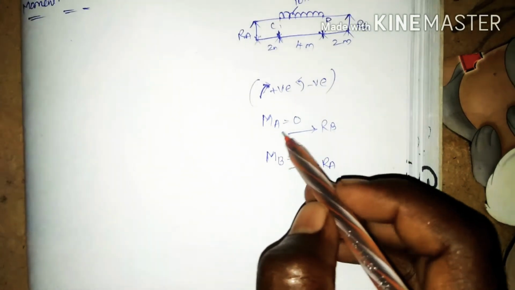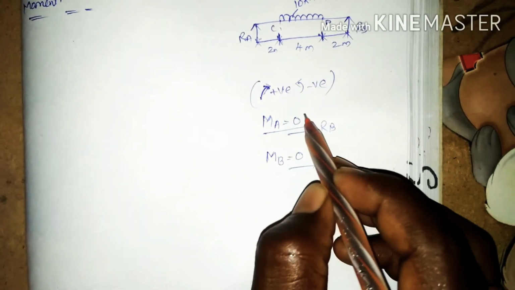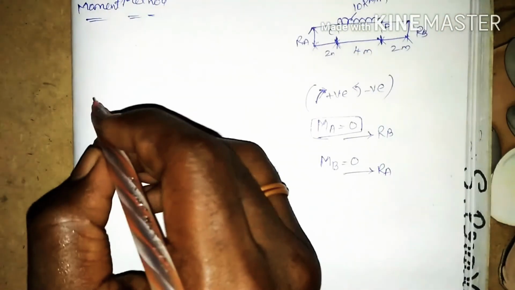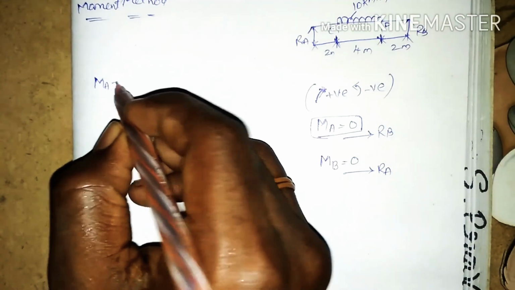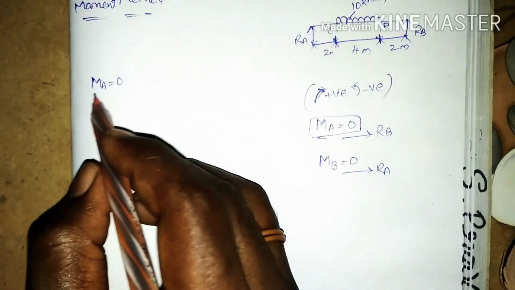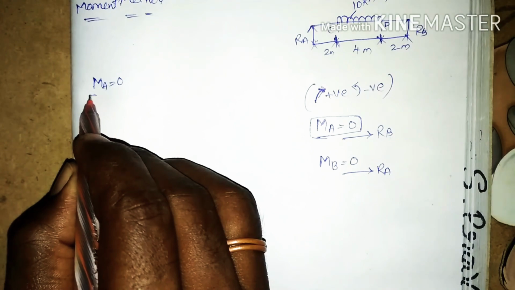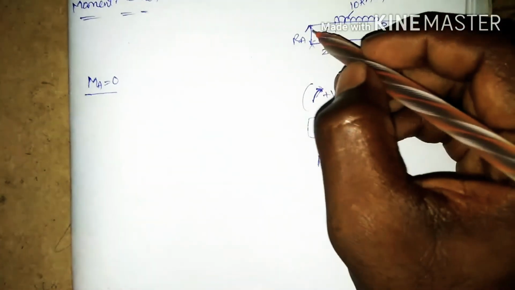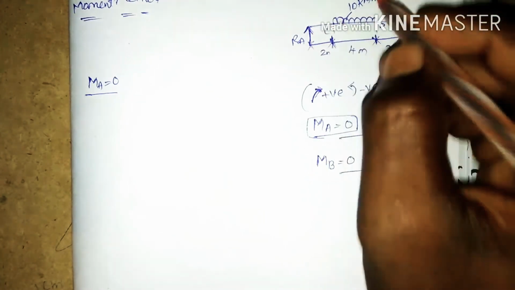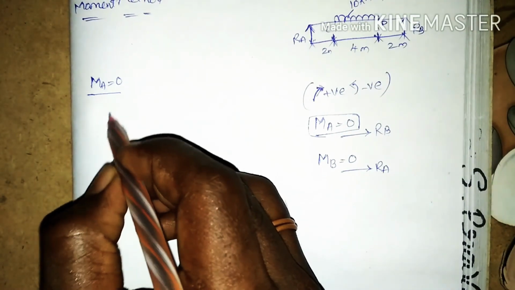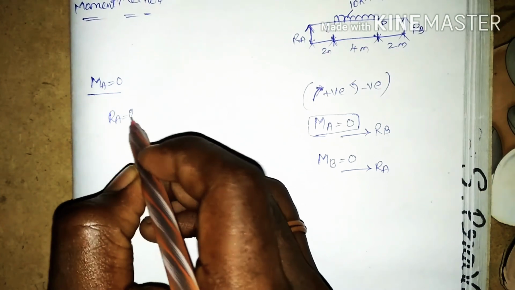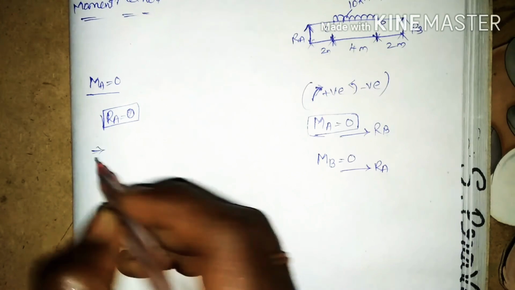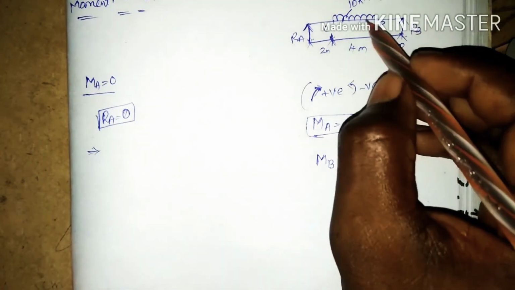Here I am going for moment about A equal to 0, taking all the loads and reactions about A, so that in this equation RA is eliminated, and next we have the RB reaction and the load.